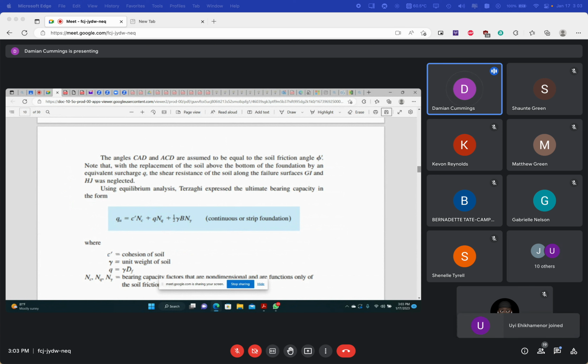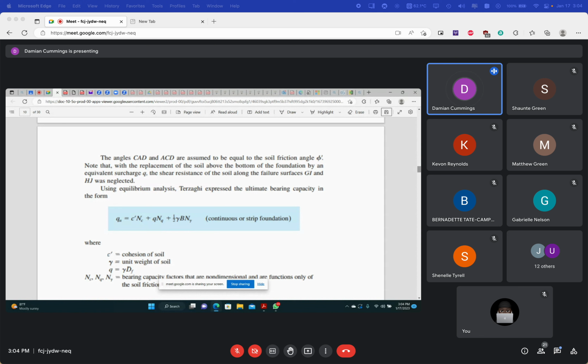All right. So we have qu, which is the ultimate bearing capacity of the foundation. That's qu. Good. It is equal to c' Nc plus q Nq plus half gamma B N gamma.